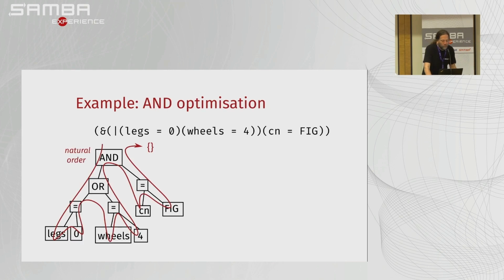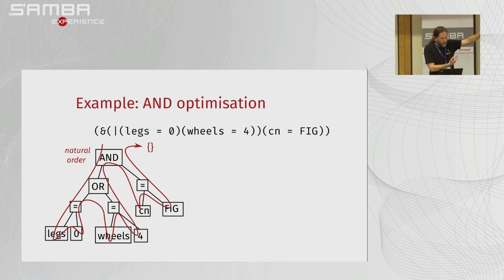Okay, so here's an optimization that AND does. It doesn't actually go to the first expression, it goes to the first equality expression that it finds. So in this case, the natural order is you go down this expression, which forms a tree. That's how we save it. And you go down depth first, and you'd find an empty set at the end because there's nothing with CN equals fig.